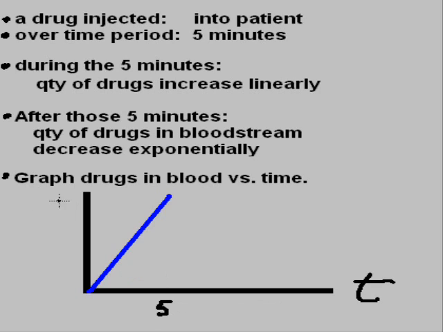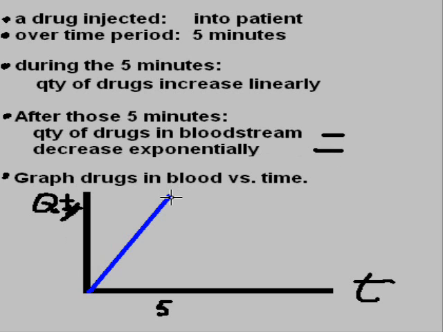And this is the quantity of drugs in the body. So now he's got a lot of drugs in his body. And the problem says after those 5 minutes, the quantity of drugs in the bloodstream decreases exponentially.